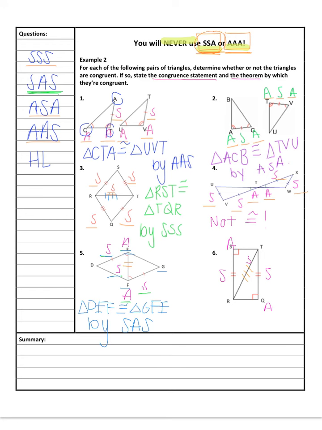But now if I look at this, be careful, this would not be side, angle, side, because notice it's going side, it's got an angle, and I'm skipping this top side, and I would jump to the middle. So it's actually side, side, angle, or angle, side, side, which we said we cannot use.